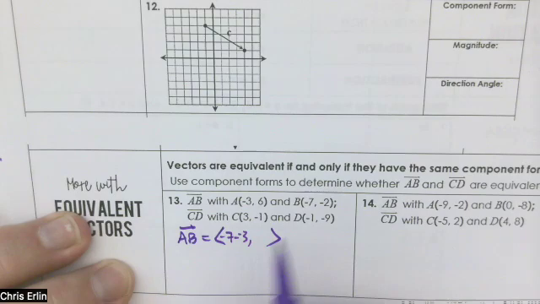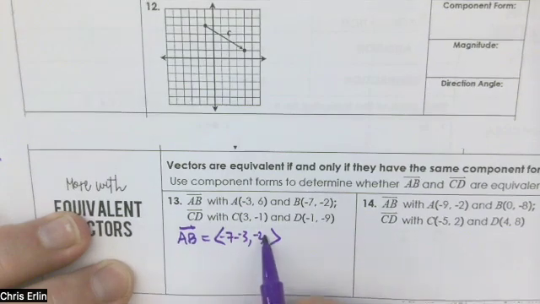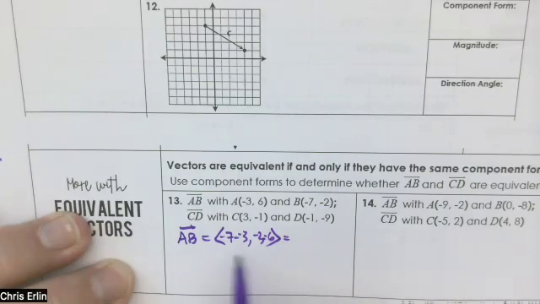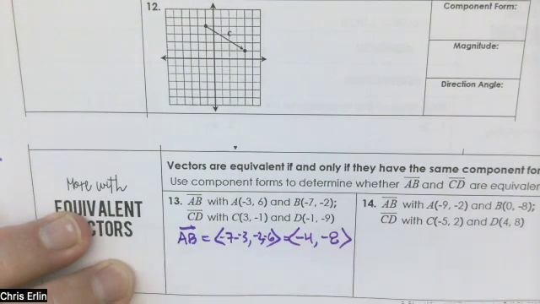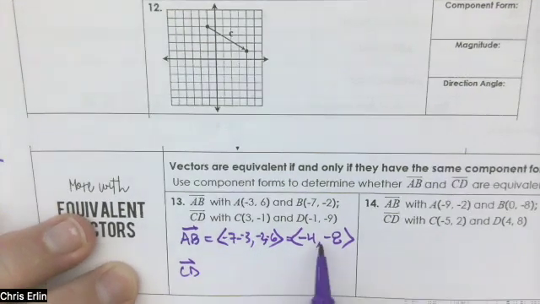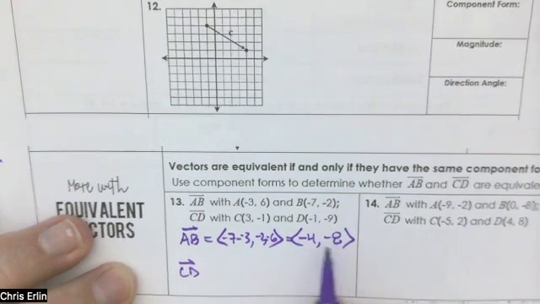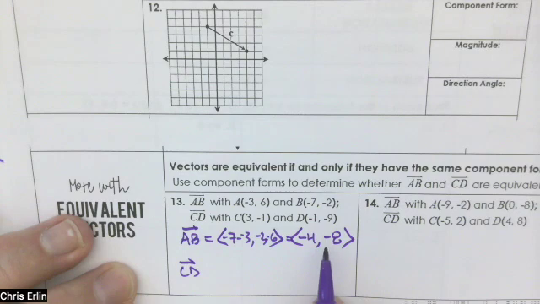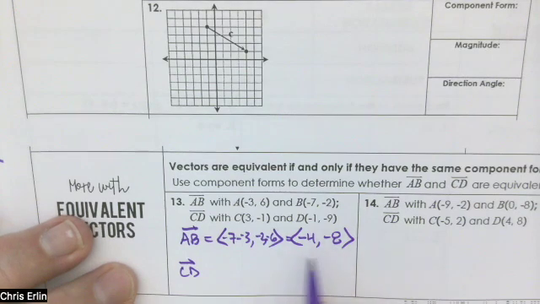-7 minus -3, comma, -2 minus 6. So -7 minus -3 is plus, so -4, -8. What is this? What does this coordinate here represent? Take a moment, talk to your neighbor, see what you can come up with. What does this represent?